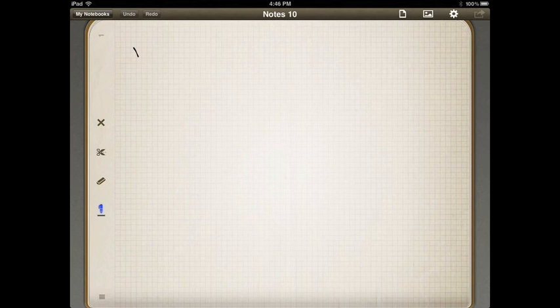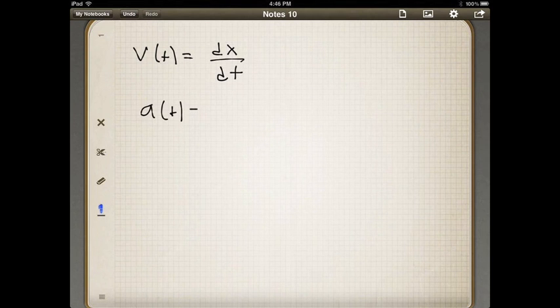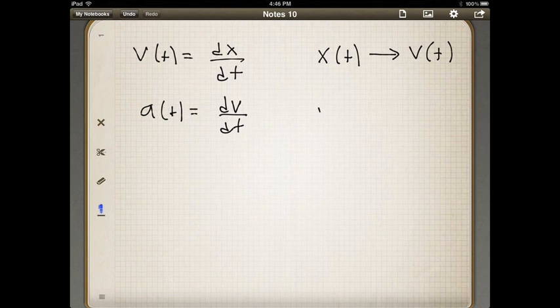We know that the velocity is the derivative of the position with respect to time, and the acceleration as a function of time is the derivative of the velocity with respect to time. So given information about the position, we know how to get the velocity of the object, and given the velocity of the object, we know how to get the acceleration.